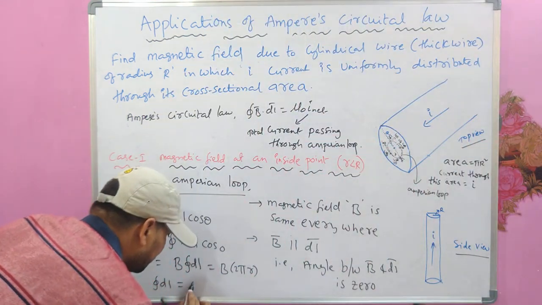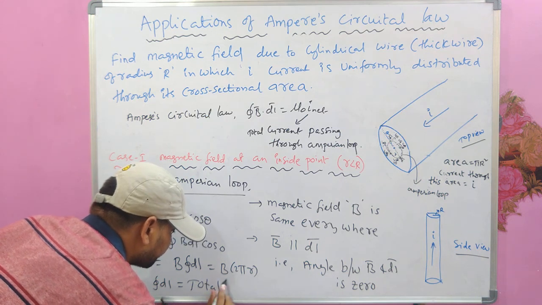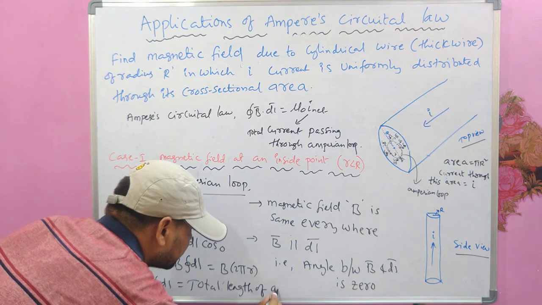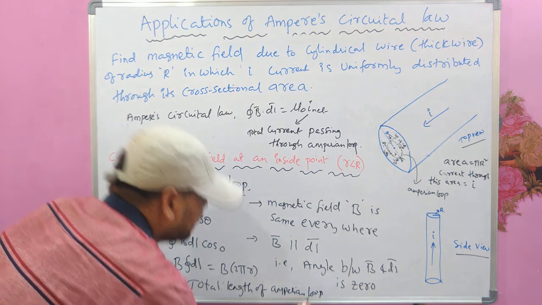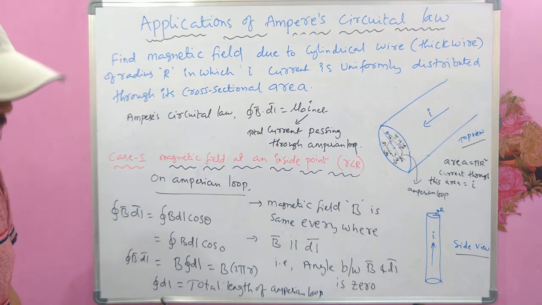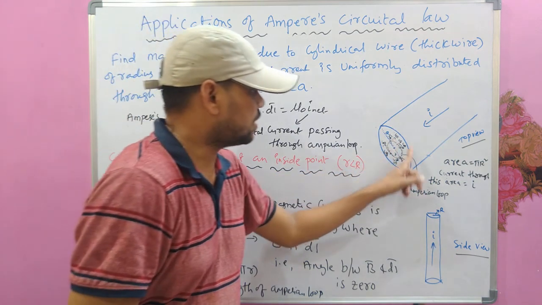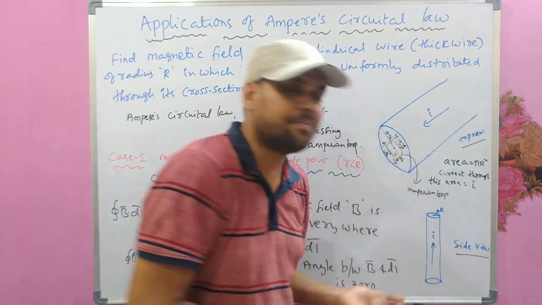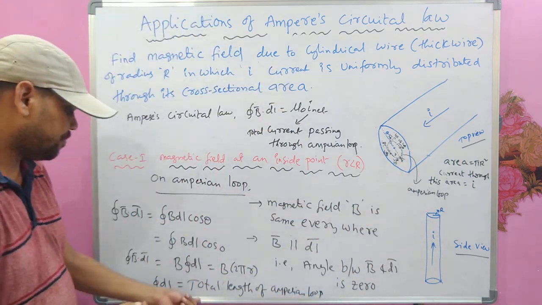So total length of the loop. Total length of Amperian loop is what? Its circumference. What is the circumference of the Amperian loop whose radius is smaller? It is 2 pi r.